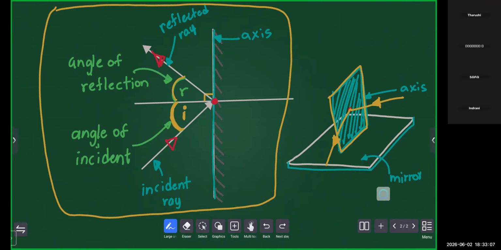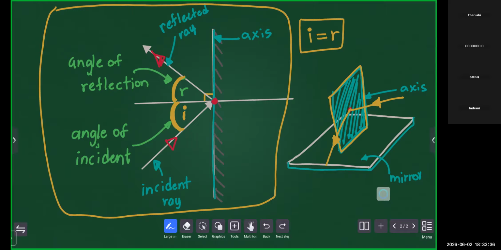So if we measure angle I and angle R, you can see angle I is equal to angle R. That's the second law of reflection. Okay? Just remember only this part for now. You will learn further in grade 8 and 9, the first law. Okay? Now let's watch the video.